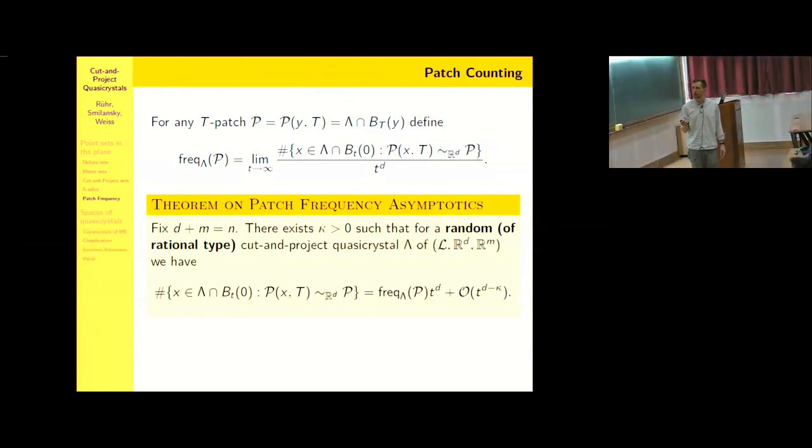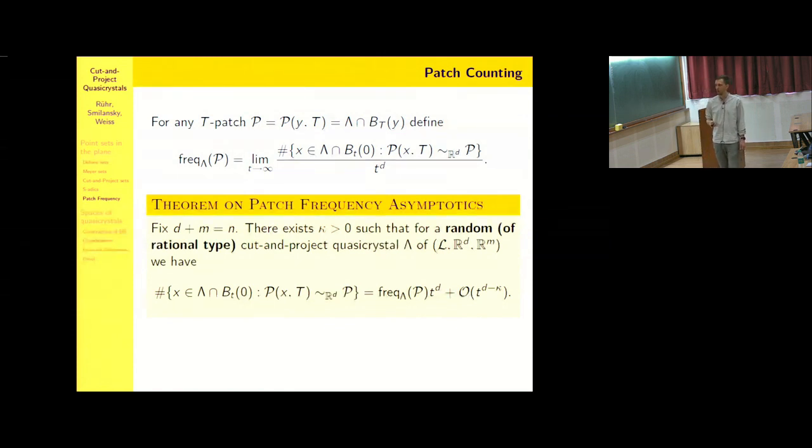There's clearly some history. People have proven similar theorems, but their notion of random is different. And let me also note that we can change this P_t to some more general set.